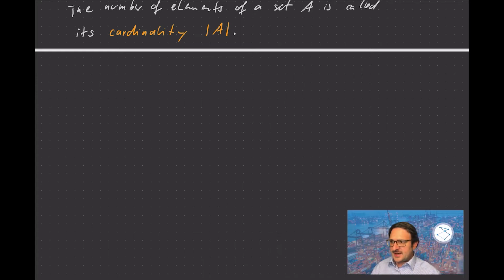One other special set that is defined for every set is a so-called power set. The power set is simply the set of all subsets of A, and of course, to define that properly, we first have to say what a subset of A is.